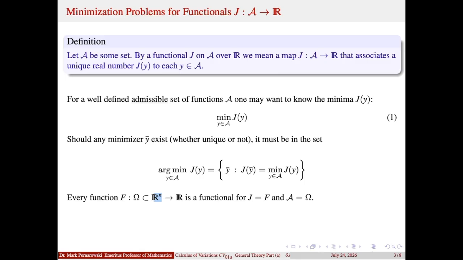But our set A is a little more general. Just remember that at any point in all of this, J could be f of x on R^n, and the admissible set could be some subset of R^n, maybe a sphere or something like that.